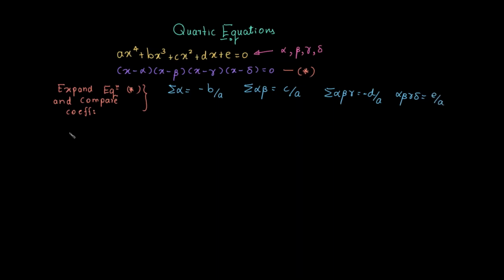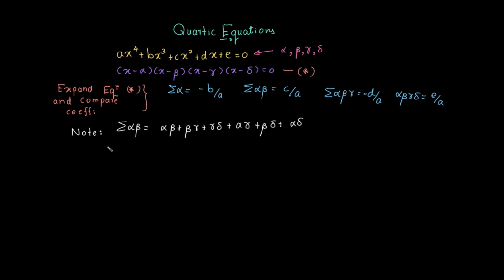Alright, let's take down a note here, a trick to remember this stuff. Note that sigma alpha beta is taking the product of the roots in pairs. And that is alpha beta plus beta gamma plus gamma delta plus alpha gamma plus beta delta plus alpha delta.